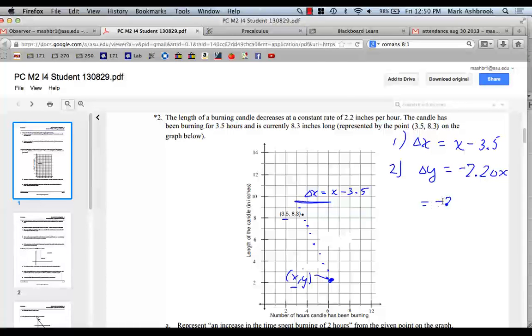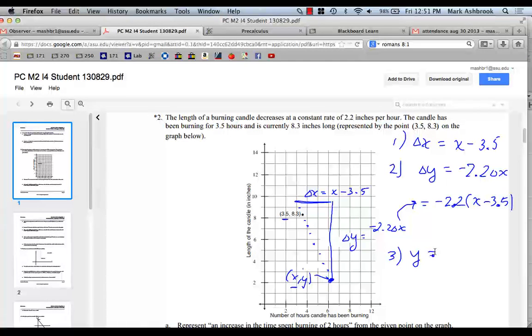And we know what delta x is now, right? x minus 3.5. See that? So now our change in y is negative 2.2 times the change in x, which is this right here. Are we good?